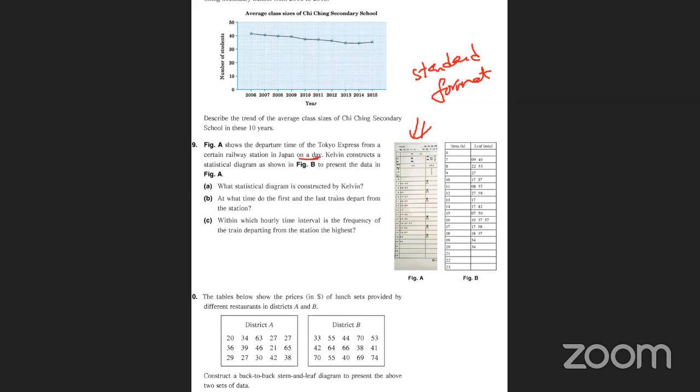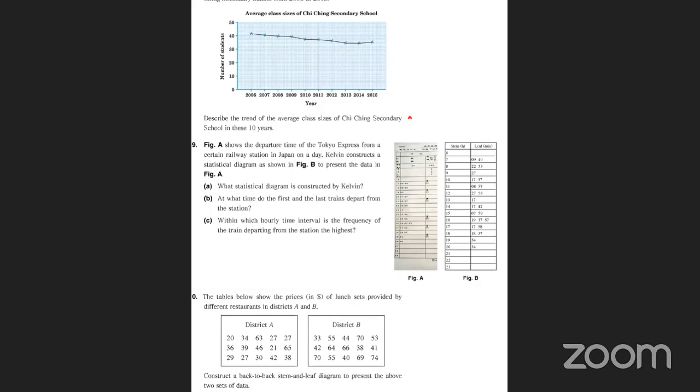Maybe for some days there may be trains departing between 6 a.m. to 7 a.m., just on this day there's none. For the stem, it shows from 6 a.m. to 23, or 11 p.m.